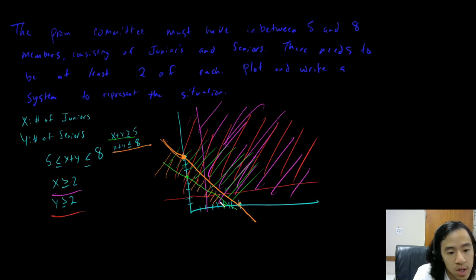I know this is a huge mess, but the place where this was all shaded is right here. So you just have to see where all of the shading intersects, and that's going to be it. All right, so that's going to be it for this video. Hopefully it made more sense. So see ya.